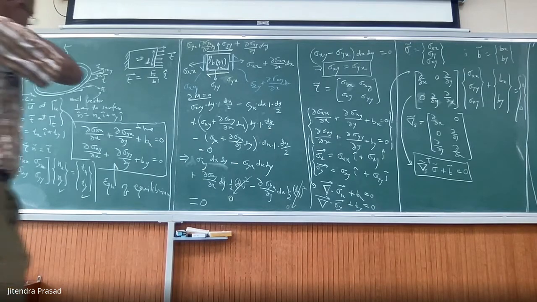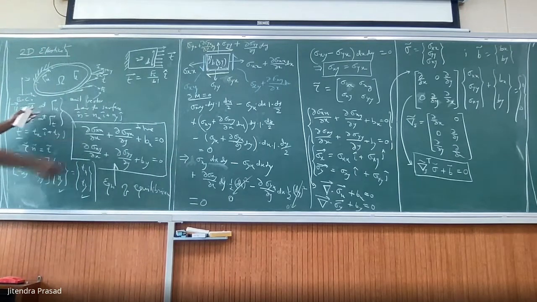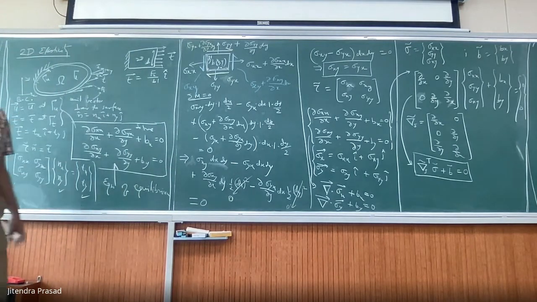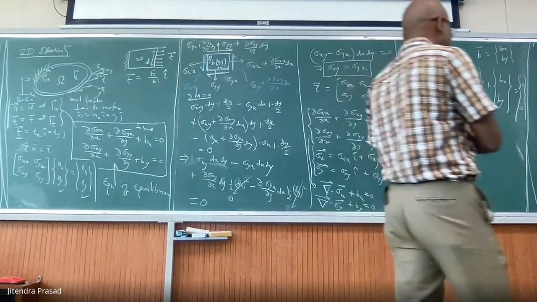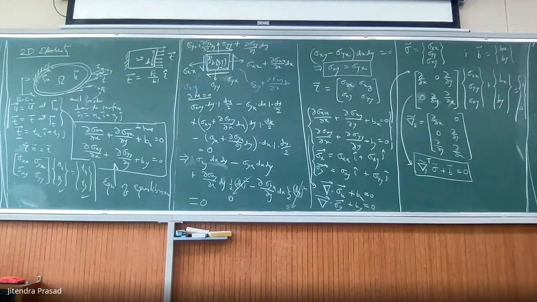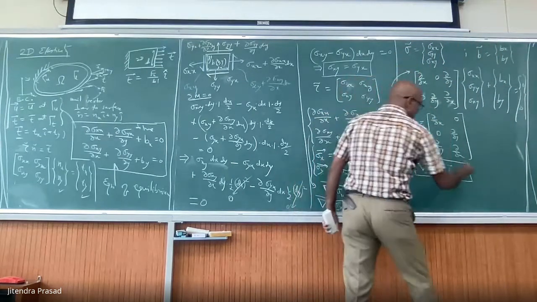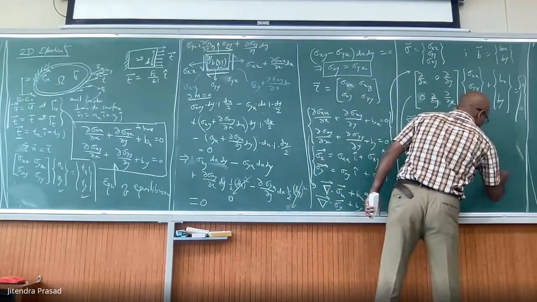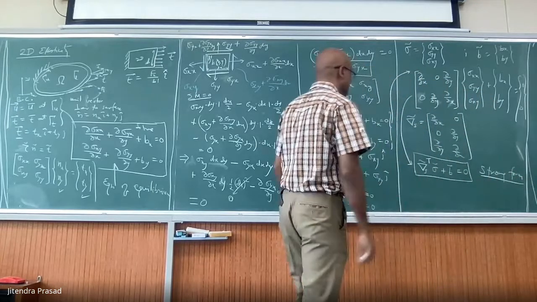And then you write that, subject to the boundary condition. Boundary condition you define like this. That's that. The rest is mathematics to solve it. Once you define the problem you have to solve, the rest mathematics will do. This is your strong form.